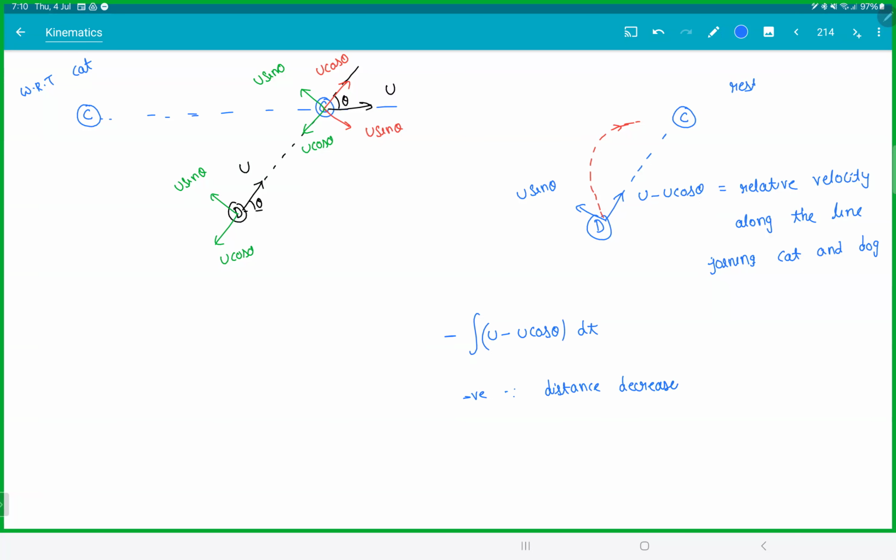This velocity is decreasing the distance. The integral of it is equal to x final minus L, the relative displacement: integral of minus (u minus u cos theta) dt is x final minus the initial distance L. This is equation 2. Have a look at this.